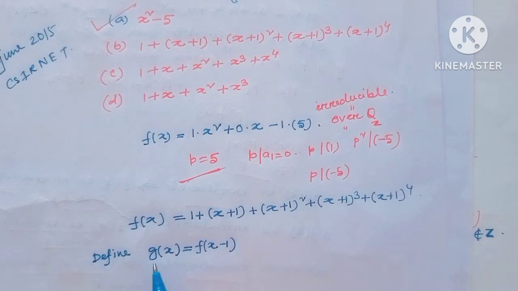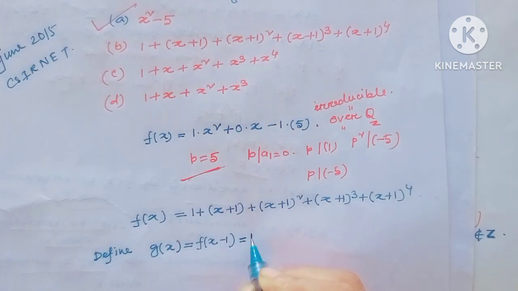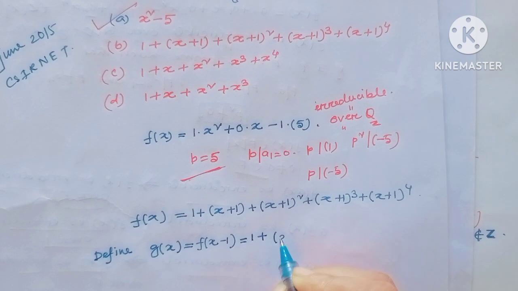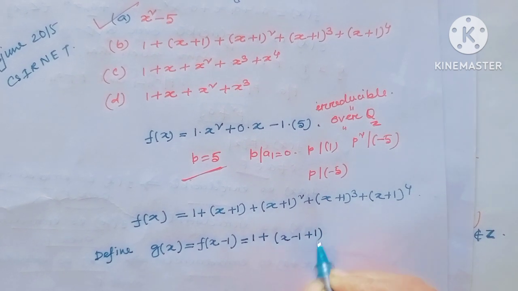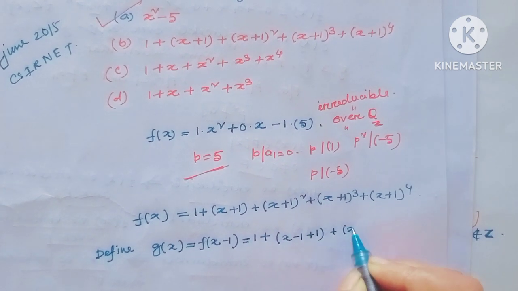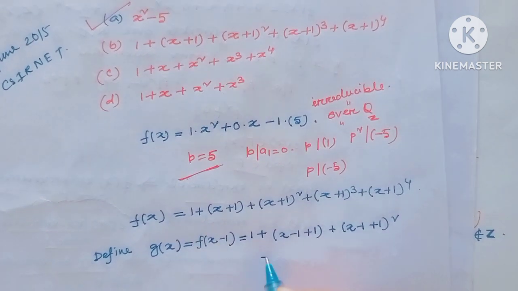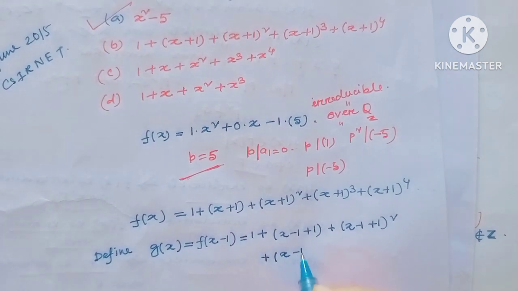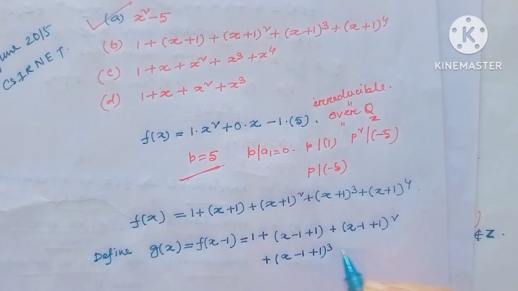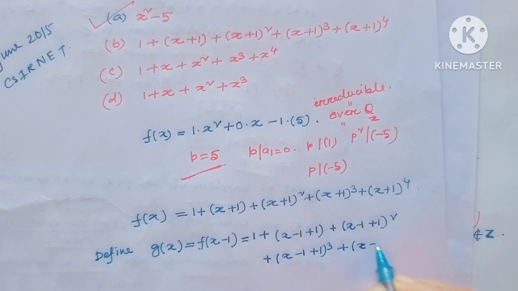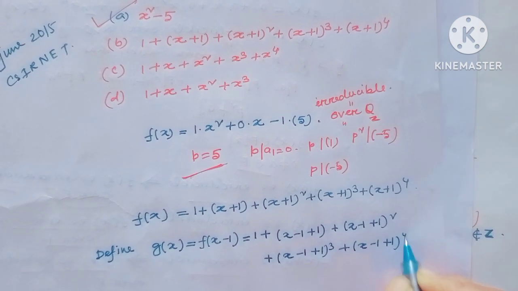If we define a new function g(x) equal to f(x minus 1), then this would be 1 plus (x minus 1 plus 1) plus (x minus 1 plus 1) whole square plus (x minus 1 plus 1) whole cube plus (x minus 1 plus 1) to the power 4.